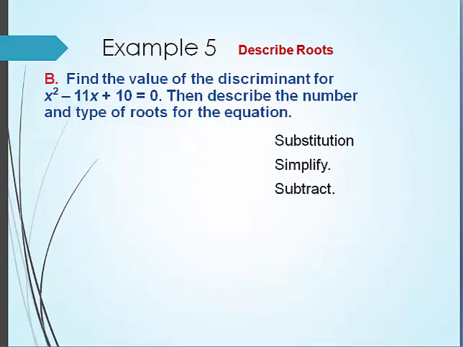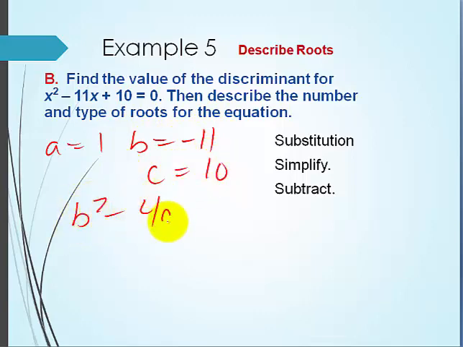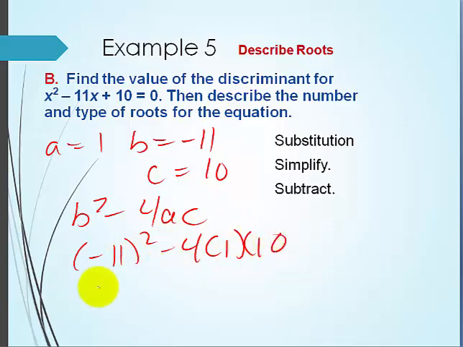Let's try another one. Our a is equal to 1, our b is equal to negative 11, and our c is equal to 10. We sub that into our formula. Which is 81.